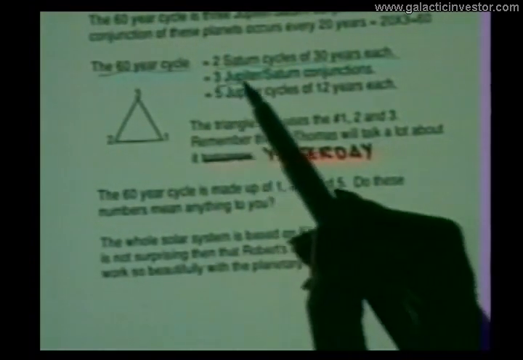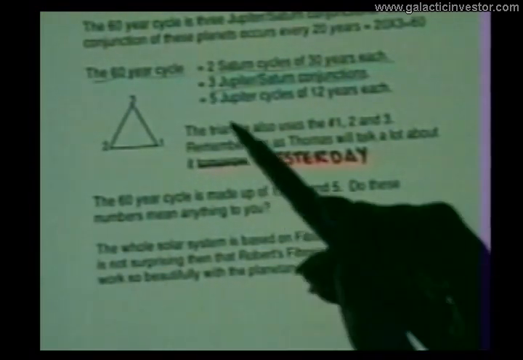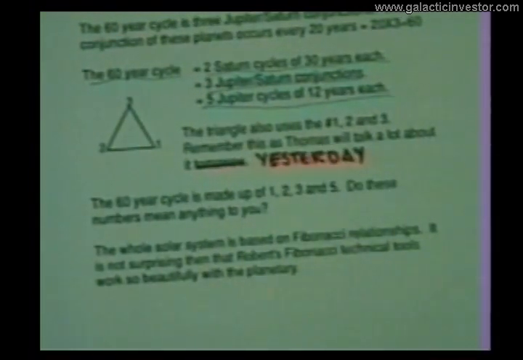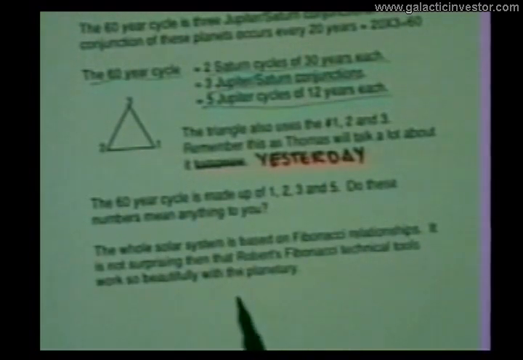And so it does it twice during a 60-year cycle. During that time, you have 3 Jupiter-Saturn conjunctions in a 60-year cycle. And you have 5 Jupiter cycles, because each Jupiter cycle, from, let's say, 0 Aries all the way around back to 0 Aries, you have 5 Jupiter cycles. So Thomas has talked to you about these numbers.